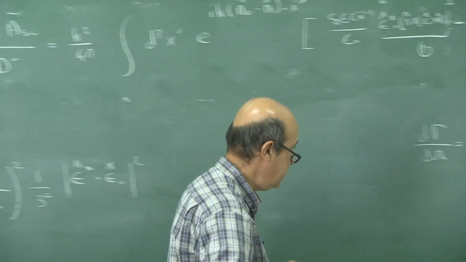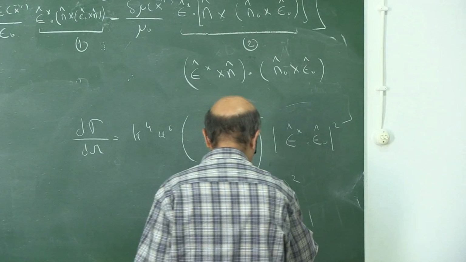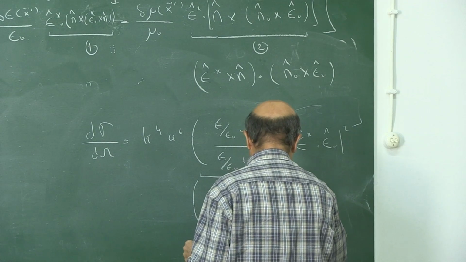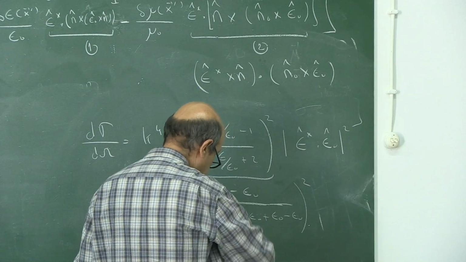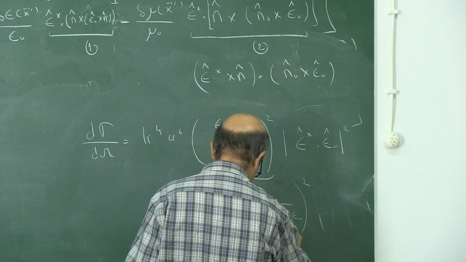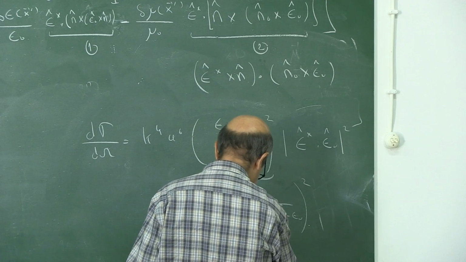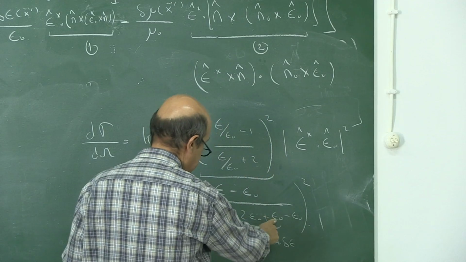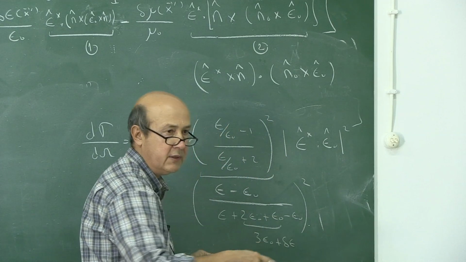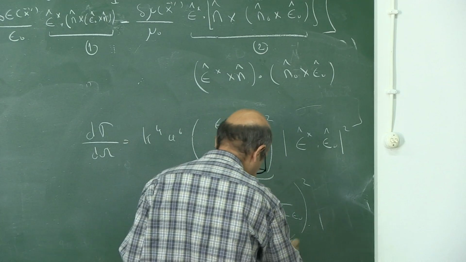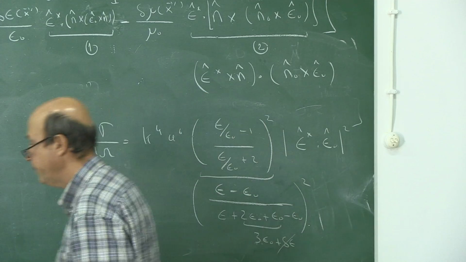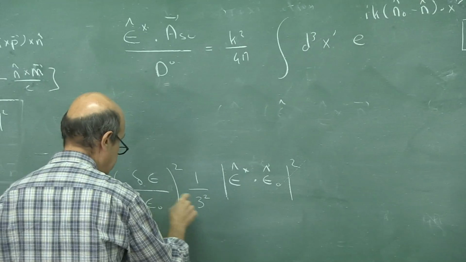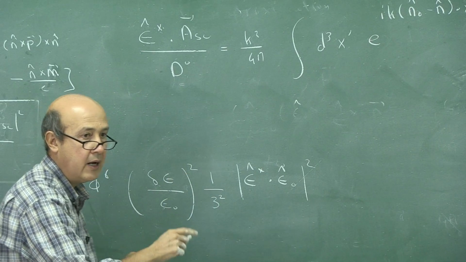The below term is the following: add epsilon 0, subtract epsilon 0. So that is nothing but 3 epsilon 0 plus variation. But we know that the variation is small, so this is not important. Therefore, this is nothing but 3 times epsilon 0 squared. So they are identical.